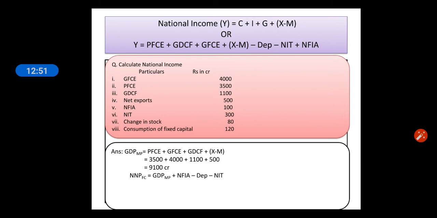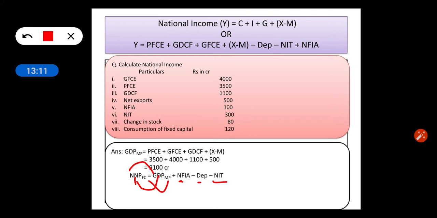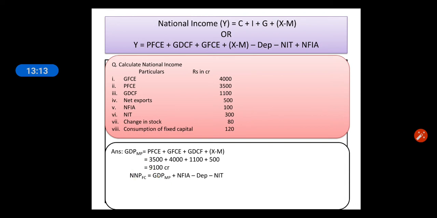Now to find national income, we have to convert GDP at MP to national income. To convert domestic to national, we have to add NFIA. Gross to net, we have to subtract depreciation, and MP to FC, we have to subtract NIT. So put the values, and you get the answer, 8,780 crores.